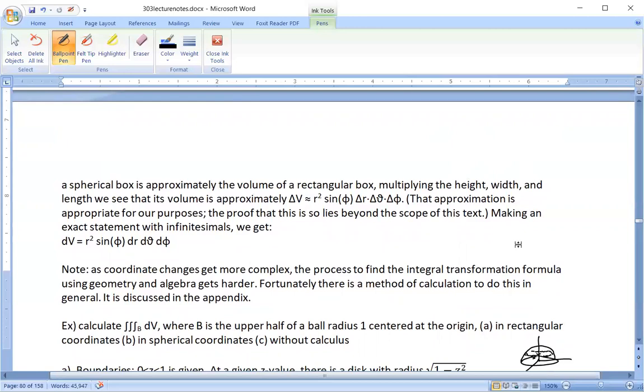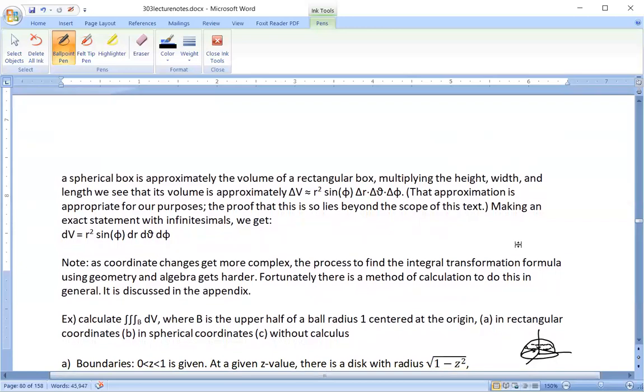The first thing to note is that the relatively straightforward boundaries are for z. The smallest value for z is 0, and the biggest value for z is 1, since the radius is 1. Now, at a given z value, I've got that little dotted line in here.